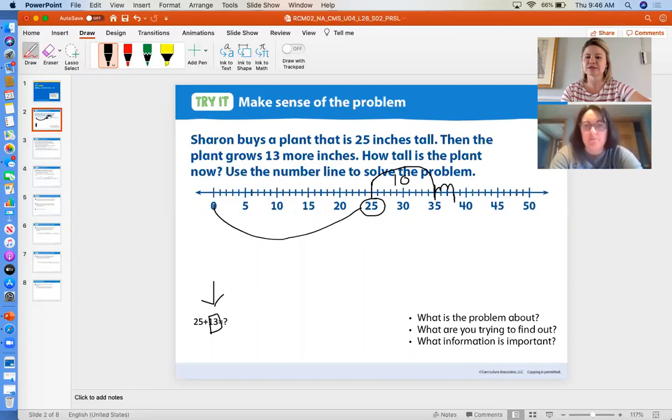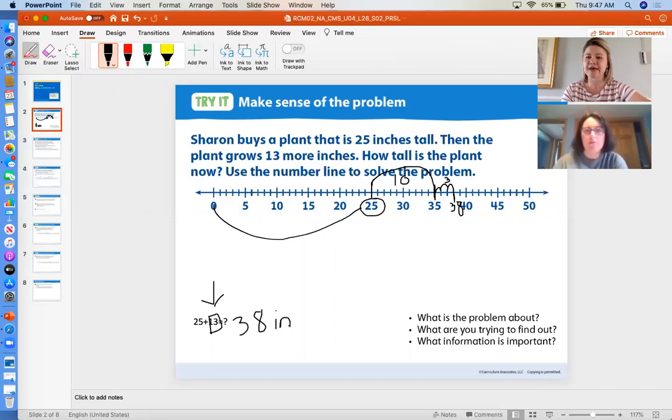So this is going to be the answer because the two number partners up here, 10 plus 3, equal 13. So let's see where we are. 35, 36, 37, 38. Yep. So how big is the plant now? So the plant is now 38 inches. 38. And she has that label, inches.